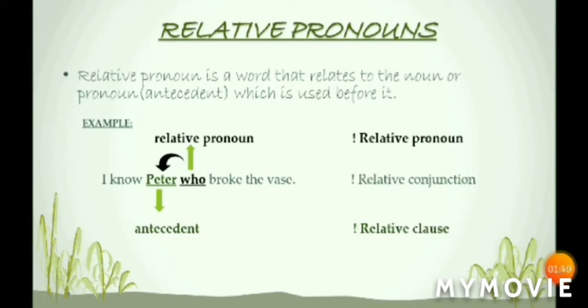Number 1, the relative pronoun who has replaced the personal pronoun he. Number 2, who is a relative conjunction as well, as it has joined 2 clauses. And number 3, in the sentence, who broke the vase is a relative clause as it adds information to its antecedent, that is a noun, Peter.